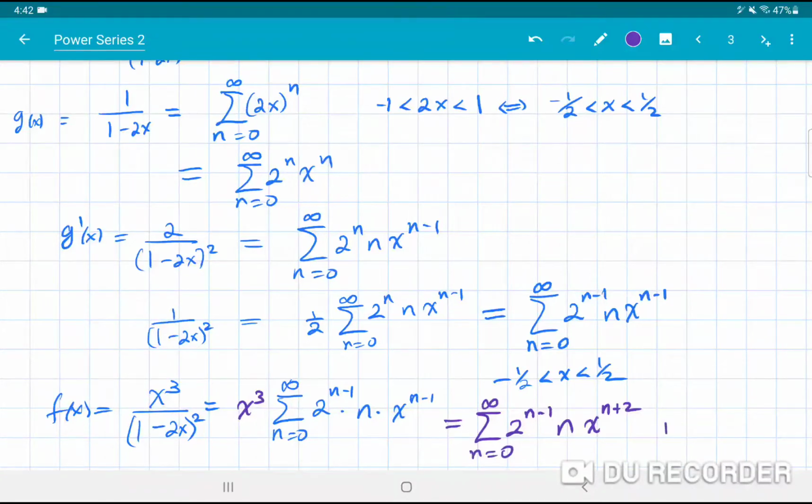For what x values? The interval of convergence. Because we differentiated, we don't expect to add any more endpoint. Minus 1/2, 1/2. So that is the power series expansion of this function x cubed over (1 minus 2x) quantity squared.